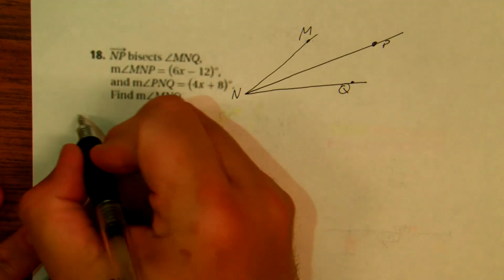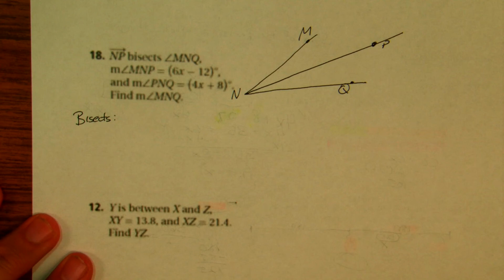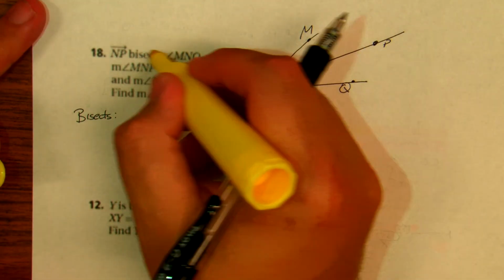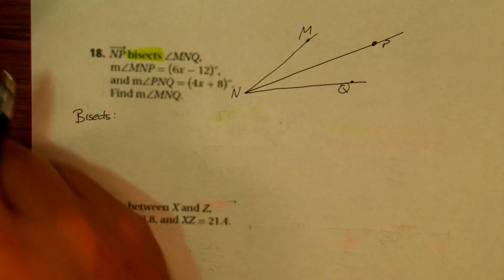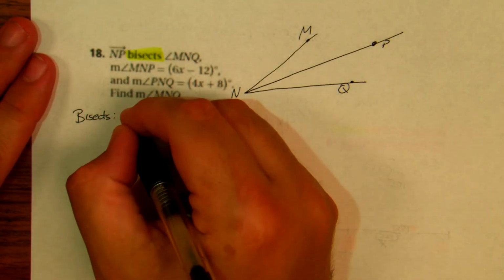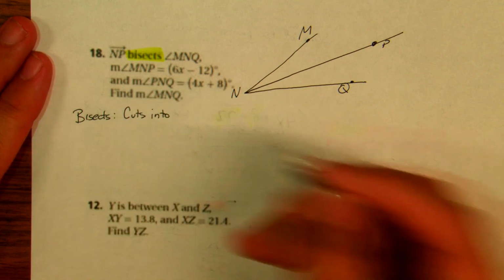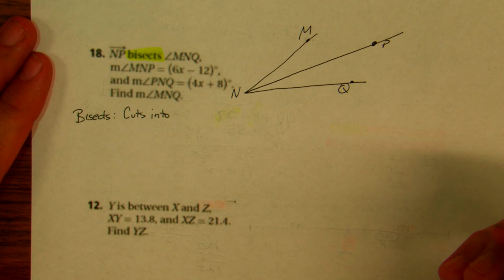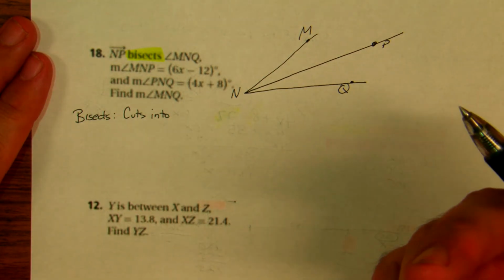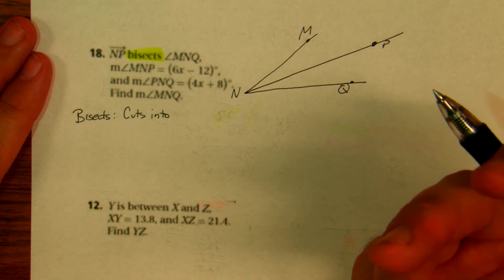What does bisects tell us? It cuts the angle into how many parts? 2, but what do we know about those 2 parts? They're equal to each other. When you bisect something, you cut it into equal parts.